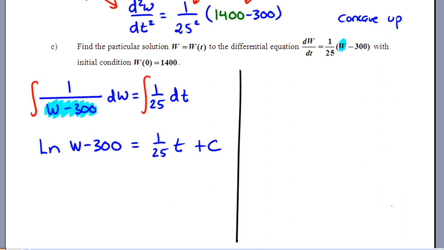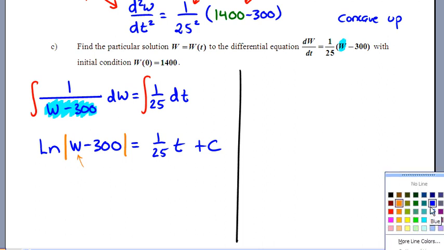For safety's sake, I put absolute value bars on that argument in the ln. Now I'm going to ask myself, do I need those absolute value bars? I always put them on at the beginning just to check. One of the numbers I saw was this 1400 number for W. If 1400 went in right there, that'd be 1100. Oh, I do not need these absolute value bars.